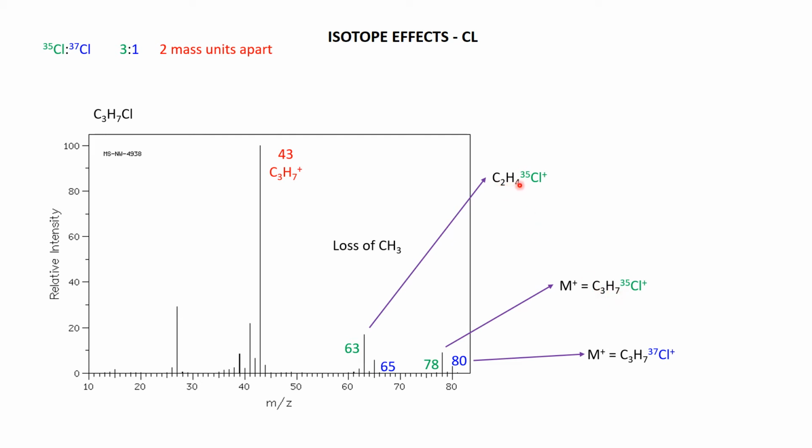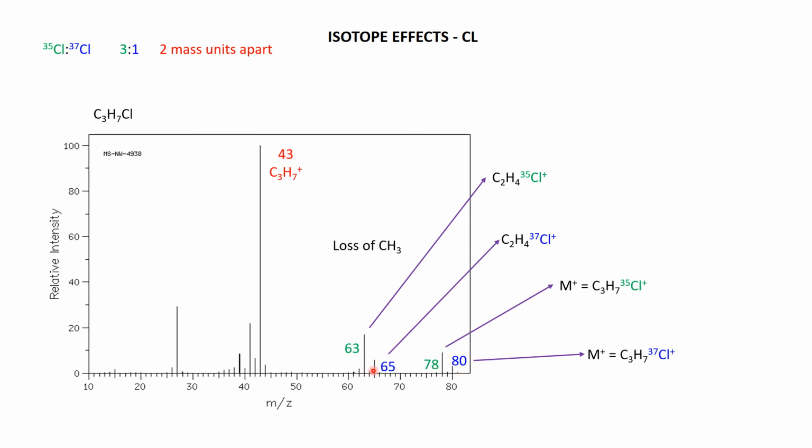So that's 24 plus 4 is 28, plus 35 is 63. So that's one of those peaks, losing CH3 from the chlorine-35 version, and then 2 higher, losing 15, losing CH3 from the 80, gives us C2H4 with chlorine-37. So a very distinct isotope effect associated with chlorine.